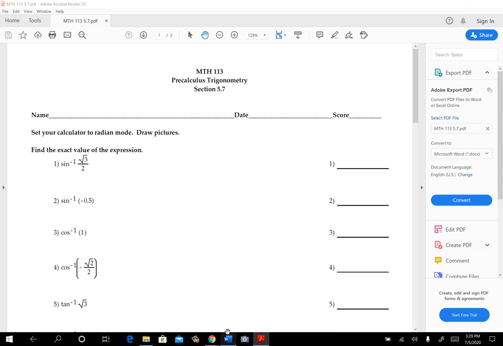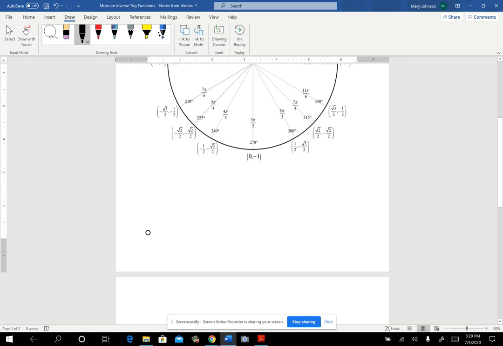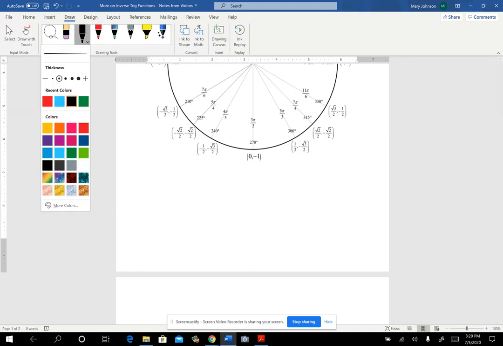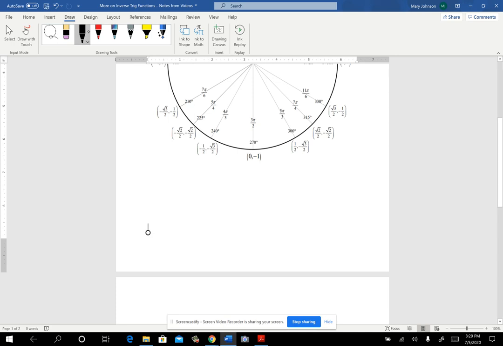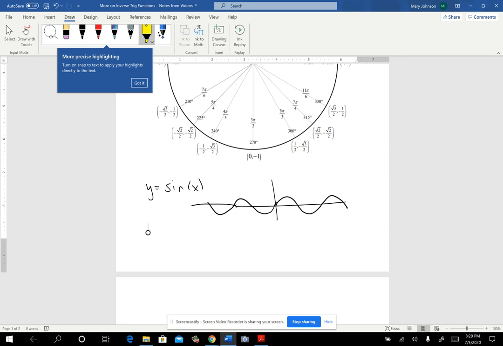All right, so we're going to work through some problems involving the inverse trig functions. So I need you to remember a couple things. Remember when we had y equals sine x, in order to create the inverse of that function and have it also be a function, we had to take the sine graph, which actually goes on forever in both directions, and we had to restrict it so that we wound up having just a portion of it.